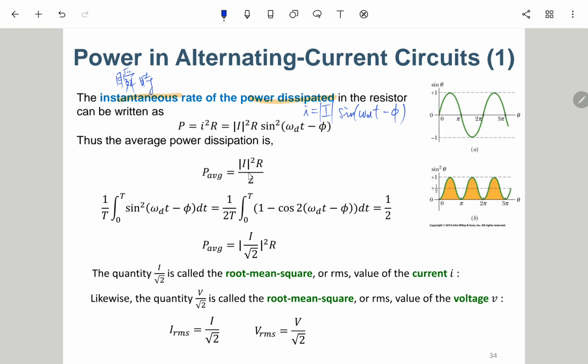So we integrate this thing over a period from 0 to capital T. This part is just a constant, so we can ignore it, because only this part varies with time. So we integrate this part for a whole period and then divide by this period. It's just like taking the average in a period.